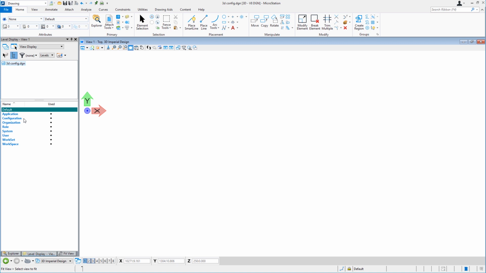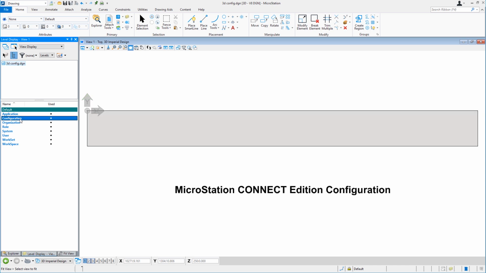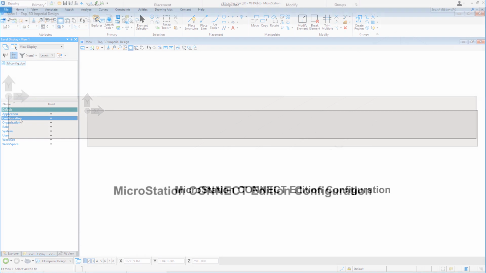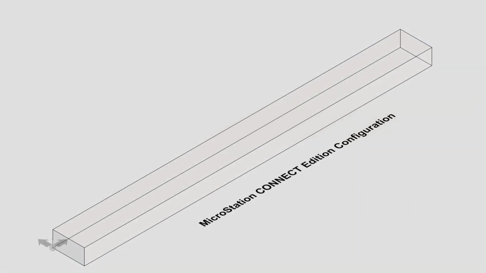Next, let's discuss MicroStation CONNECT Edition's levels of configuration. Earlier, I had mentioned that configuration files are loaded by MicroStation in a very specific order. First, system-level configuration files are loaded.